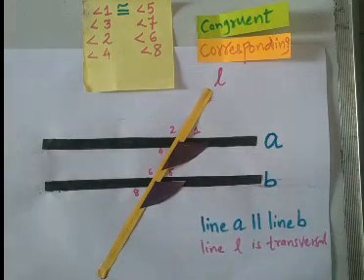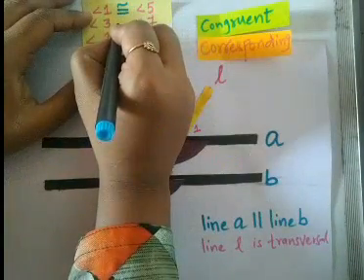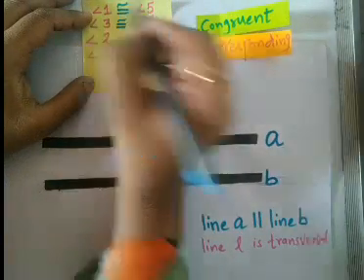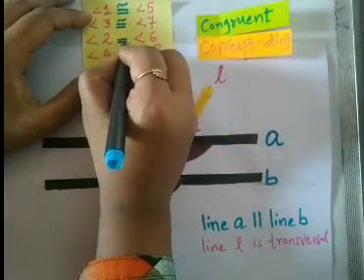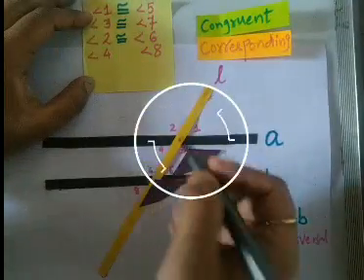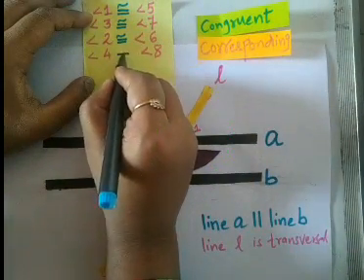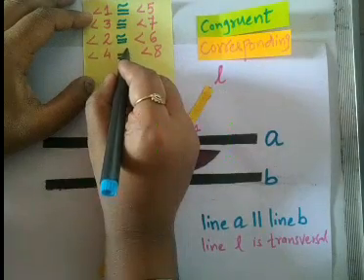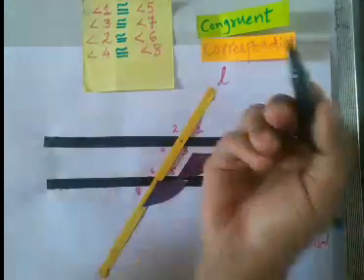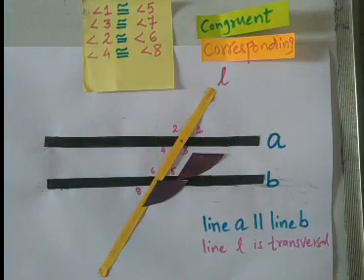So all these angles, because they are corresponding, would be congruent to each other. Angle number 3 and angle number 7 are corresponding, so they would be congruent. Angle number 2 and angle number 6 are corresponding, so they are congruent. And angle number 4 and 8 are corresponding, so they would be congruent to each other.